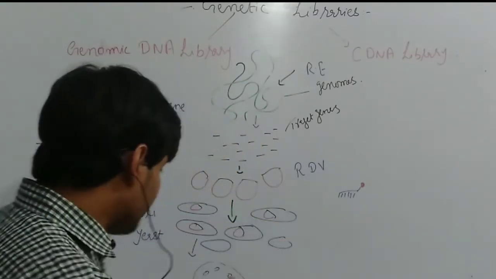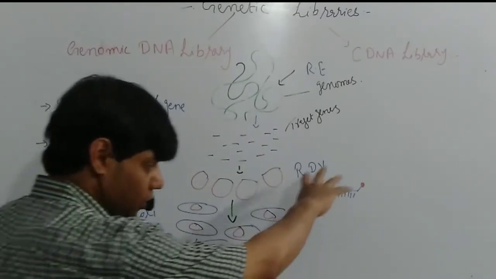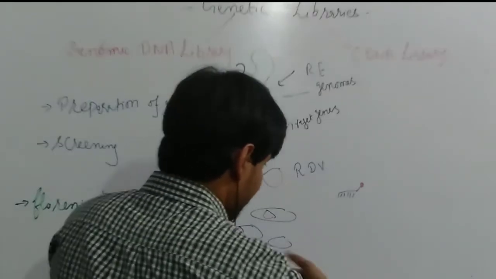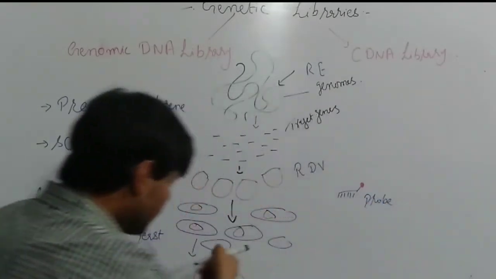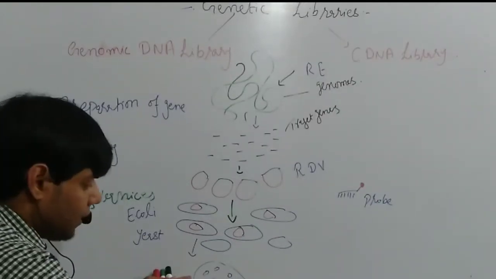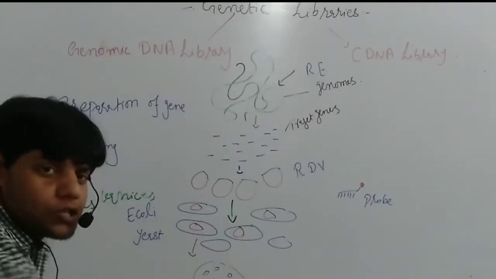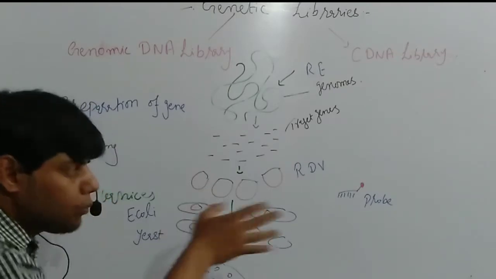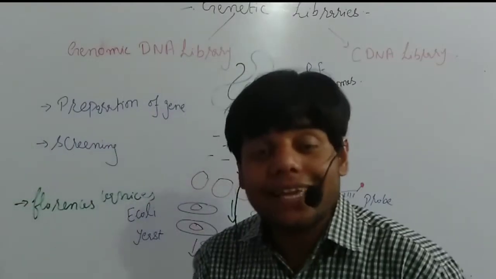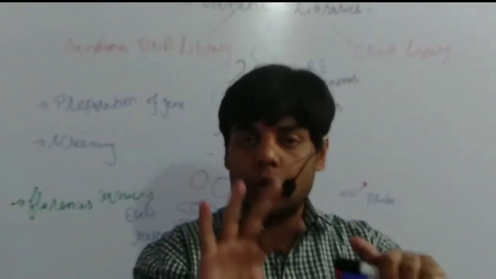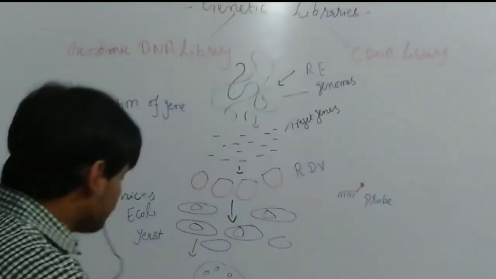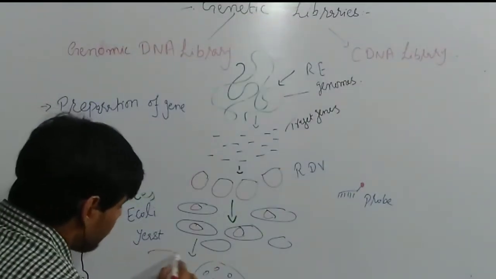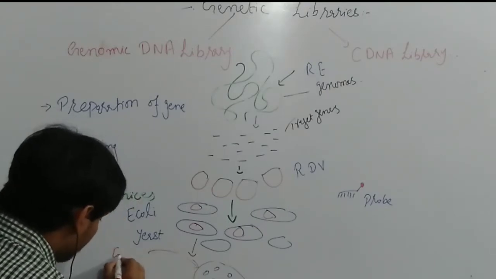This is actually a probe. Then we add the probe to each colony, but we do not put the probes in directly. Why? Because at that point the DNA is double stranded. So to make the DNA single stranded, we use some kind of enzyme. We put some enzymes here.